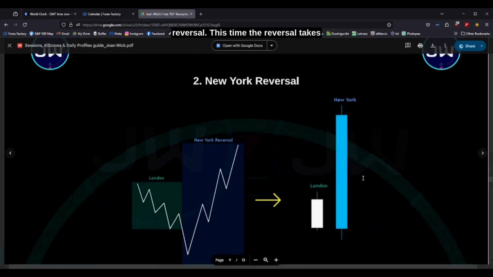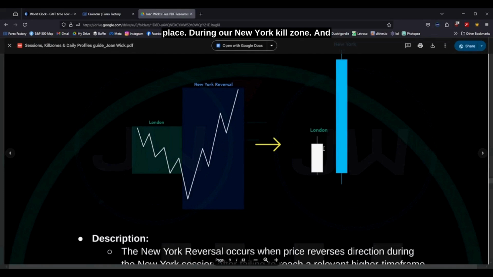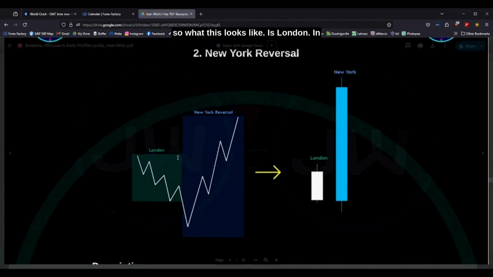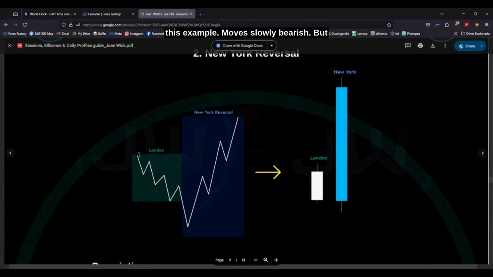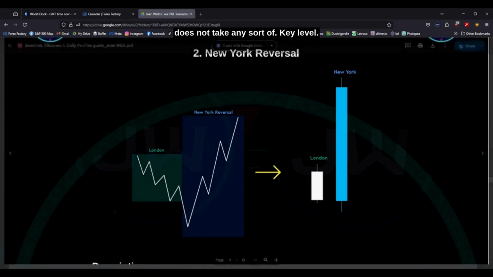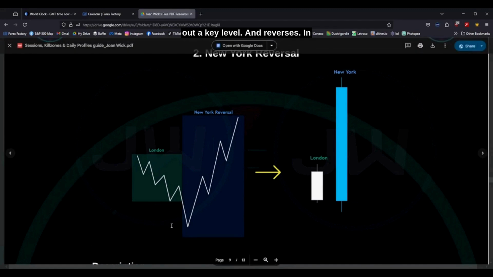Similar to the London reversal, this time the reversal takes place during our New York kill zone. What this looks like is London, in this example, moves slowly bearish but does not take any sort of key level. And that's when New York comes in, takes out a key level, and reverses in the opposite direction.